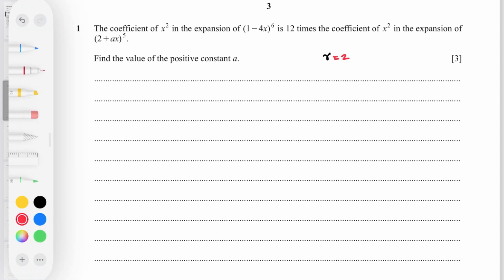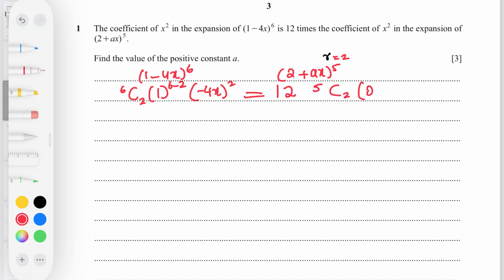So let's input that. For 1 minus 4x to the power 6, 6c2. This coefficient is 12 times... Now, what is 6c2? 1 to the power anything remains 1. 6c2 multiplied by minus 4 the whole square gives you 240x square. 12 times this becomes 80.